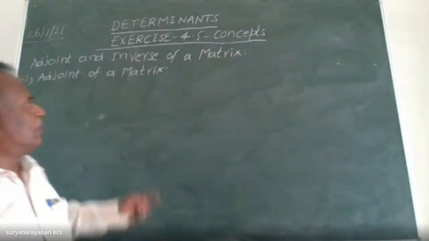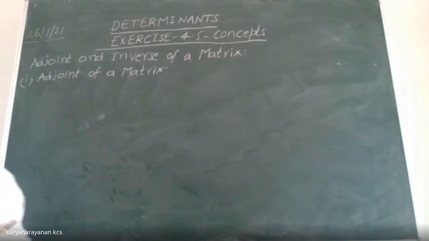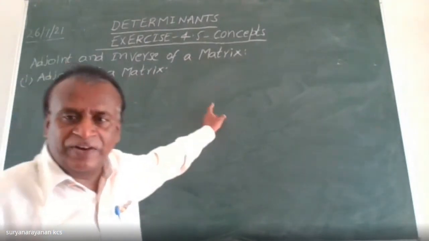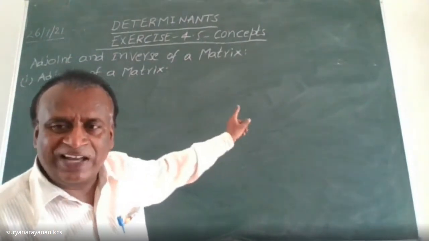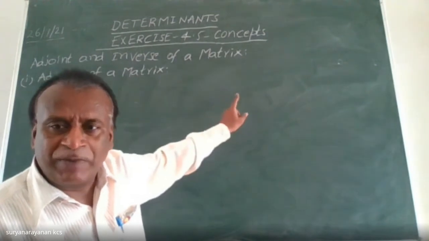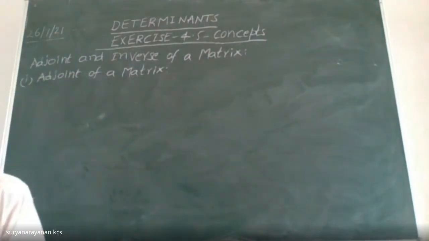Now come to this point. What is meant by adjoint of a matrix? First I will write the definition. After that I will explain this concept by taking an example.